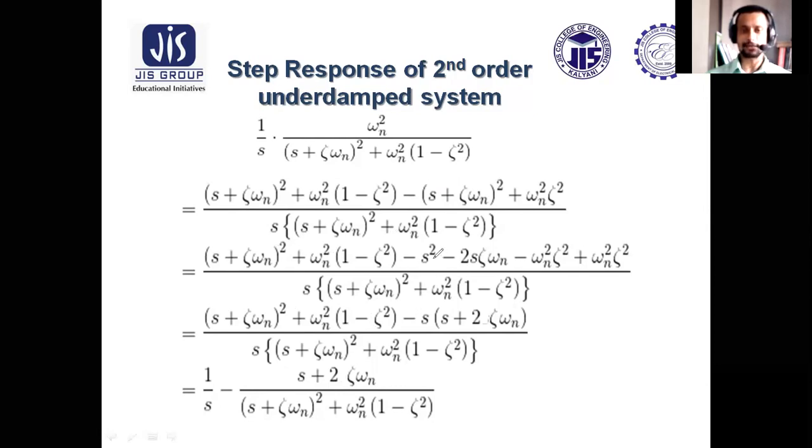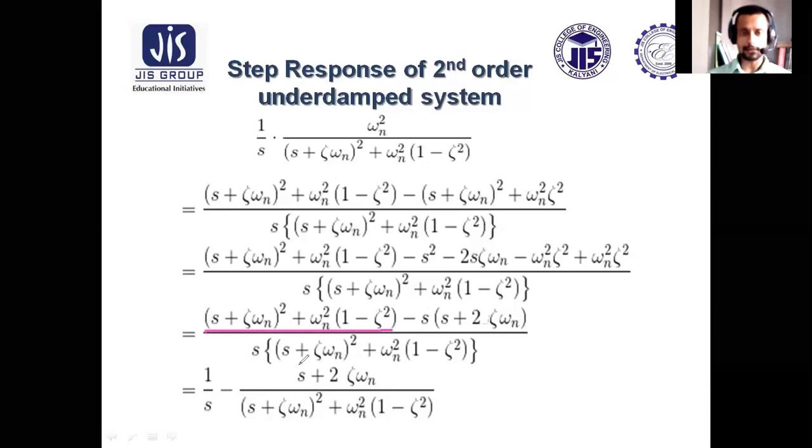Minus, see here, we have taken s common from this. So s plus 2 zeta omega n will be there. This 2 will be cancelled. So from this line you can write this one. Now, after this, what have we done? See, consider this part together.